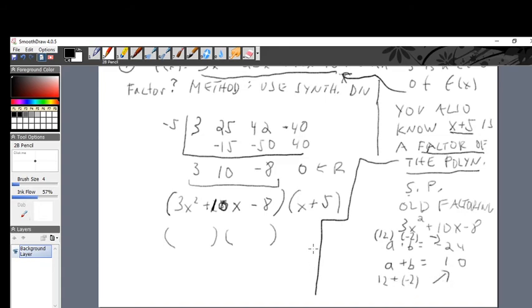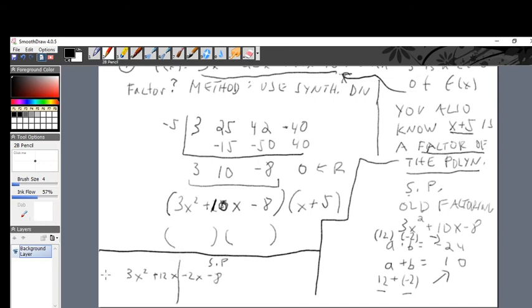What does that tell us? On scrap paper, that tells us to divide this 10x into 12x and negative 2x. An old-fashioned situation: 3x squared plus 12x minus 2x minus 8, and factor by grouping. Split this down the middle.